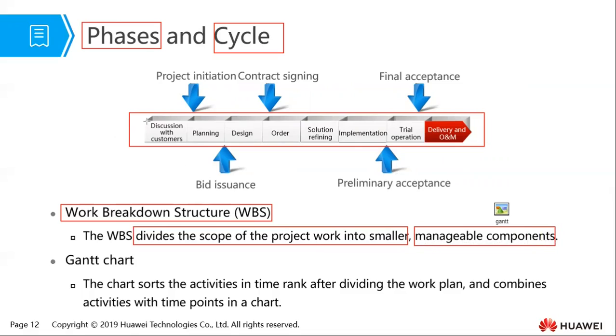So look here. At the beginning, we start with discussion with customers, then we go to planning, then we go to design, then we order the equipment that we need, then we refine the solution, then we implement the solution, then we do testing, then we agree that we've met all the requirements, and therefore we deliver the project and begin operation and maintenance.